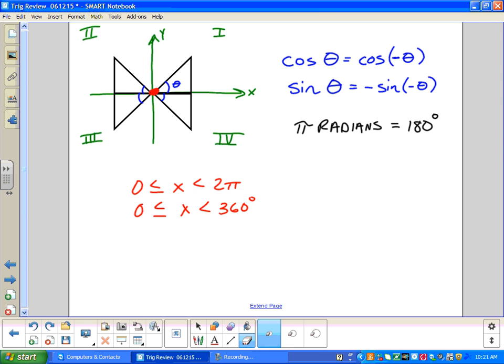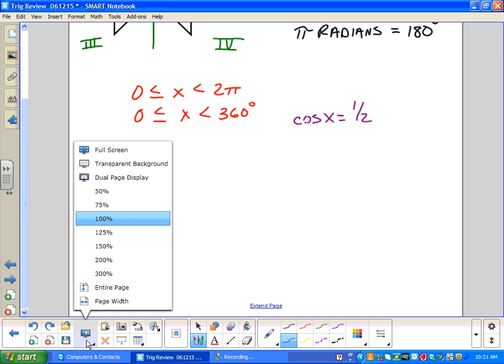But if I say, again, my favorite one, cosine of x equals, we'll do it in degrees first, 1/2. I always talk about, can you draw the triangles? Do you know what quadrants you're going to be in?